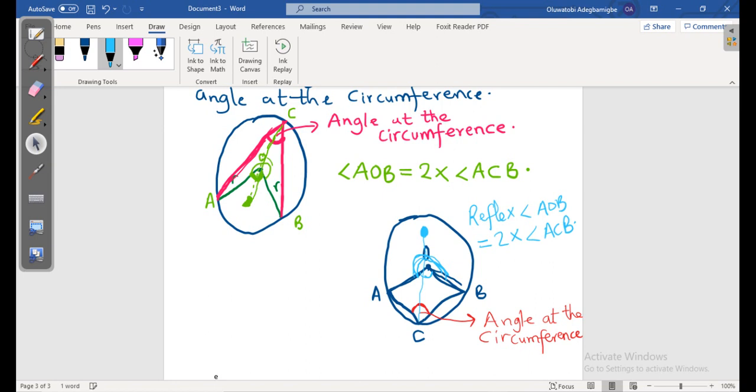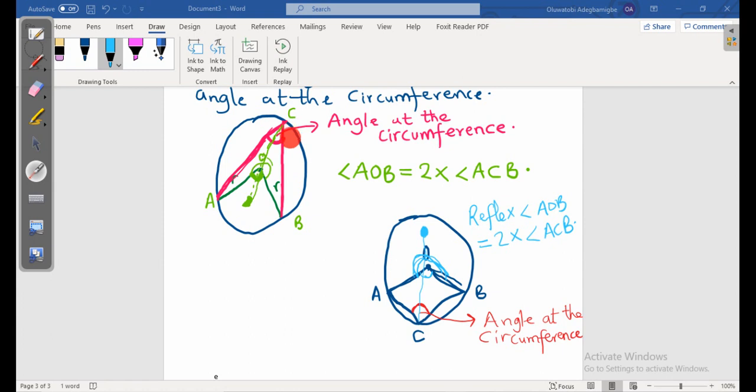Now let me quickly recap it again. The theorem says that the angle at the center is 2 times the angle at the circumference. And what that tells you is that when you have a circle like this, every circle must have a center. This is the center O. Now you have A to C as a chord, and B to C also as a chord.